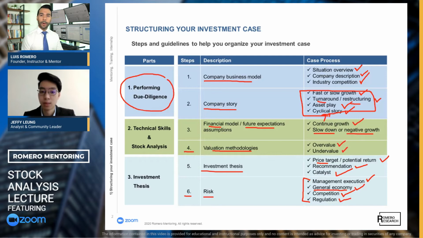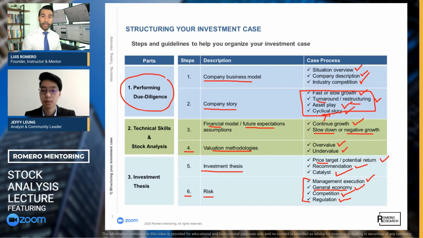The second one is to apply your technical skills: financial modeling, valuation, discounted cash flow, comparable company analysis. And the last one is to formulate your own opinion and come up with your own investment thesis and determine what is the upside of the stock, what is the potential downside, and do you have conviction. So I hope this gives you a framework. I hope this summarizes the 3 parts to our process of evaluating a stock.